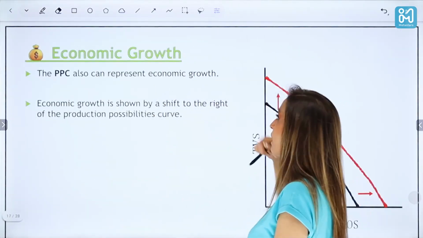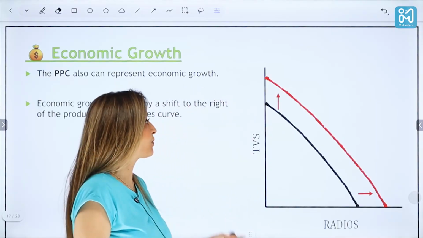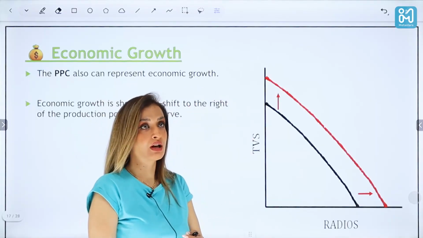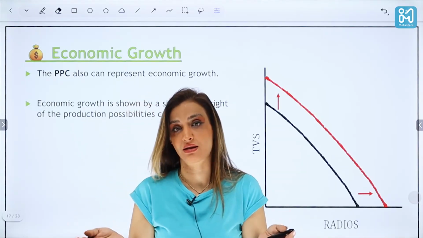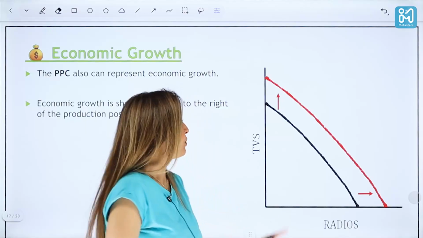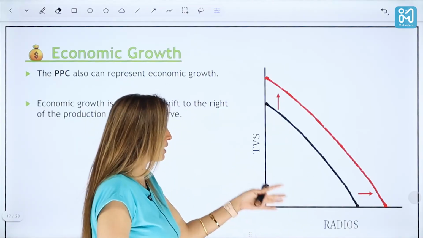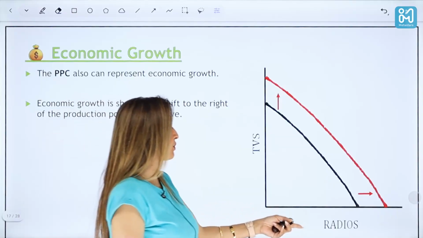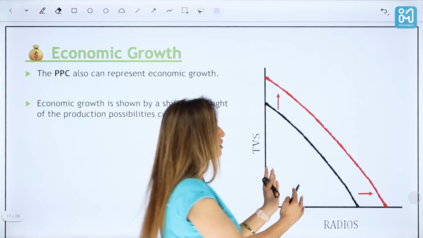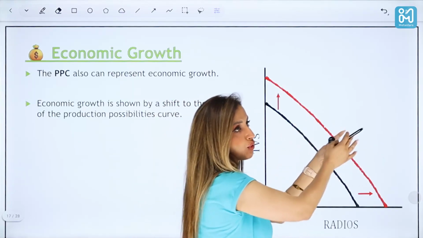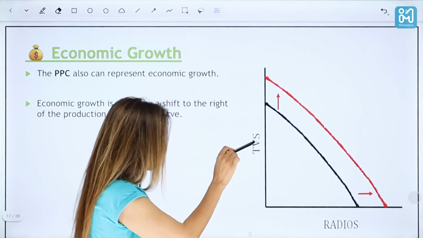Okay. Now, we're going to talk about economic growth, and how we know that we have growth in our economy. It exists when your curve moves from left to right. Imagine that you are producing radios and TVs, then your curve will be moving outward, bowed out more, to the right side.